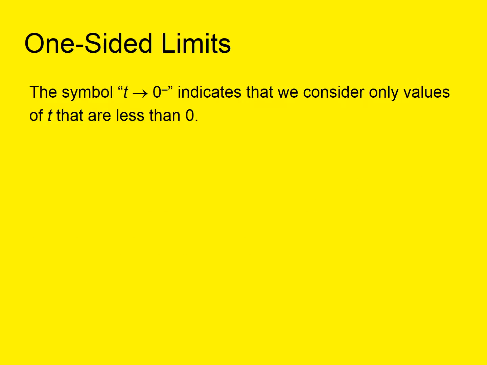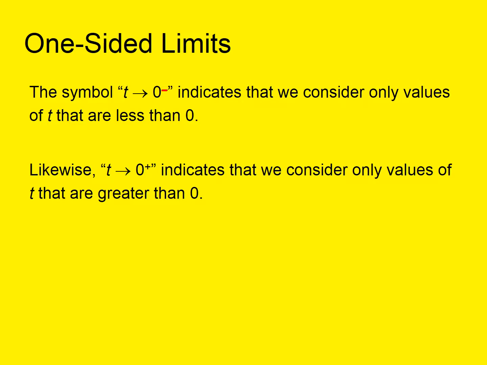The symbol t going to 0 from the left, with the exponent-looking thing, which is a minus sign, indicates that we consider only values of t that are to the left, less than 0.